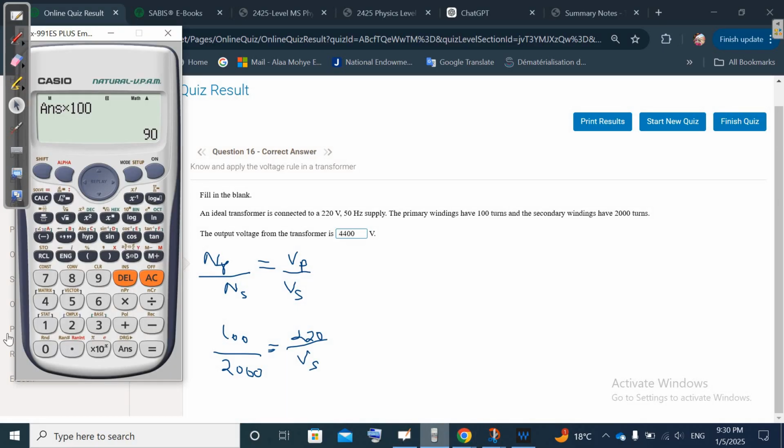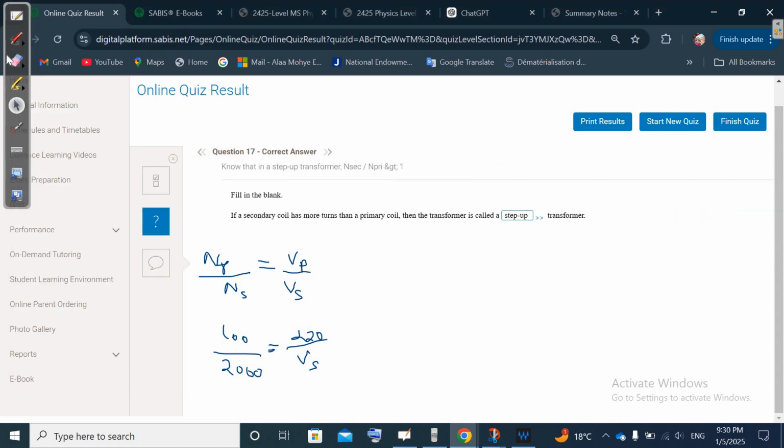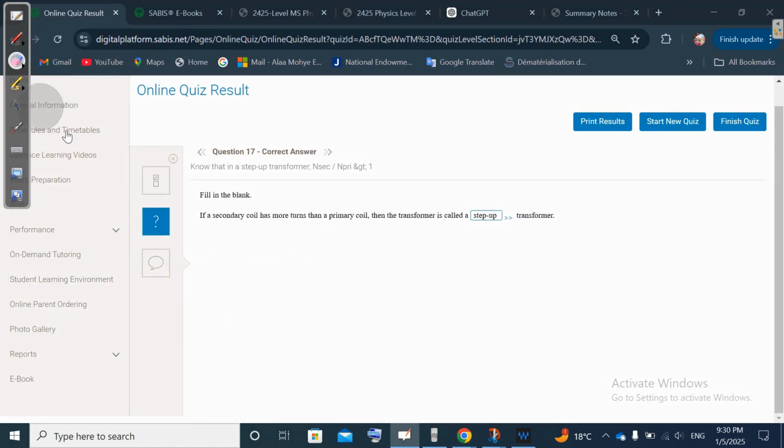On the calculator, 220 times 2000 divided by 100, 4,400.